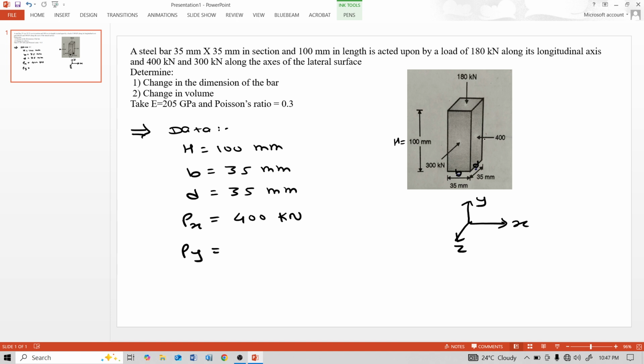See this arrow, that's why negative 400 kN. And load in y direction is also acting as a compressive load, minus 180 kN. And this PZ also acts like compressive, minus 300 kN.